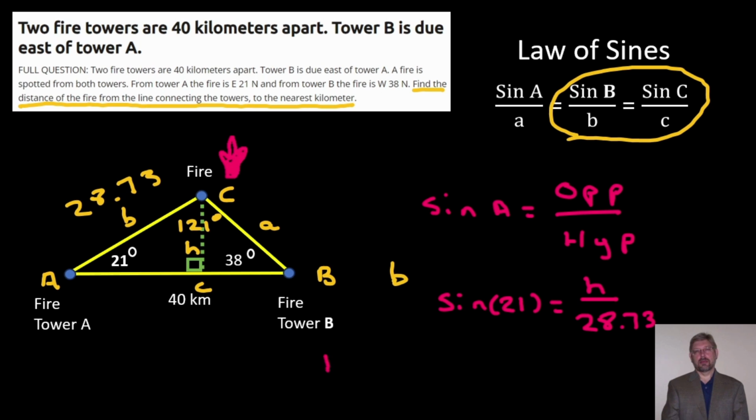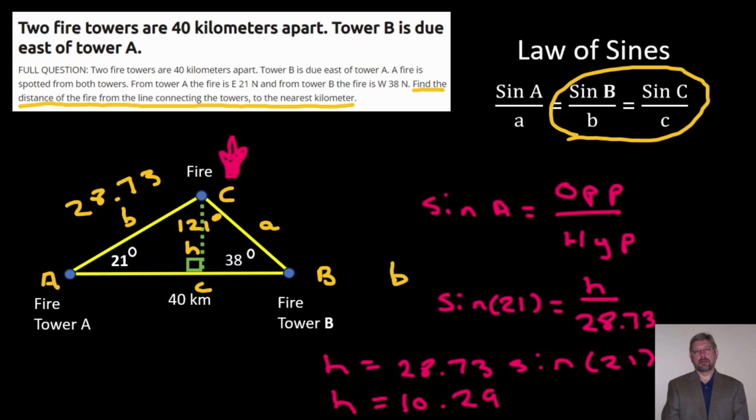Our h is equal to 28.73 times the sine of 21. And when I do the math, I go 28.73 in my calculator times sine of 21. That gives me 10.29 kilometers. Actually, it's 10.29591, and it keeps on going.